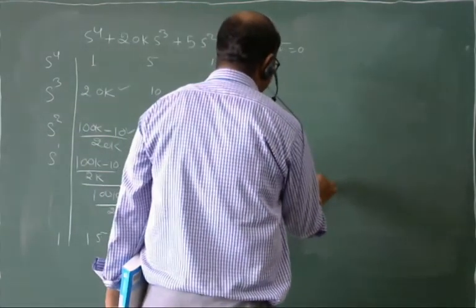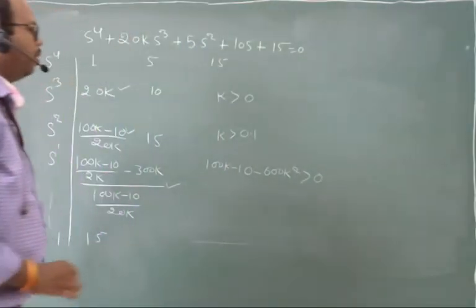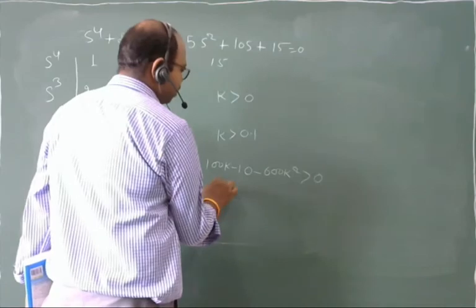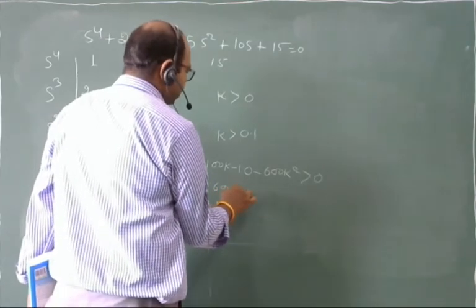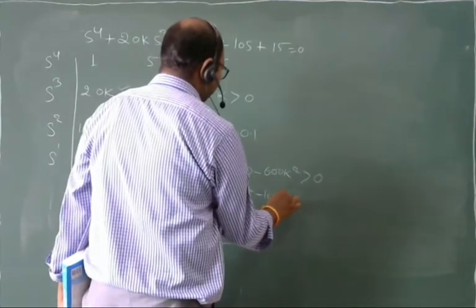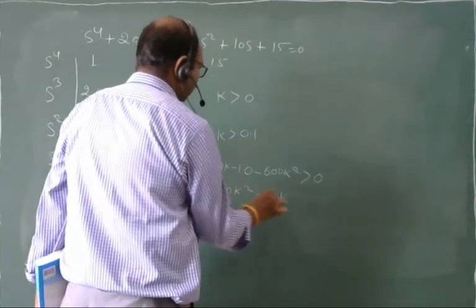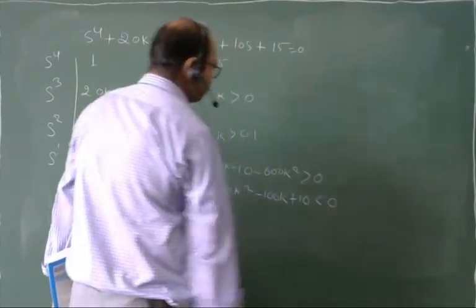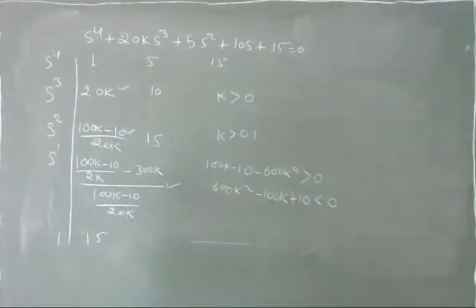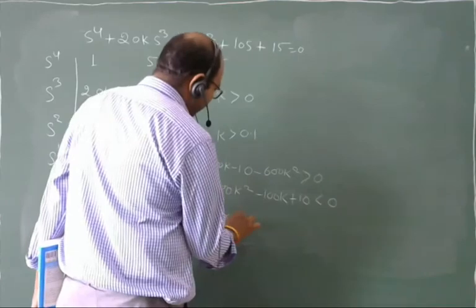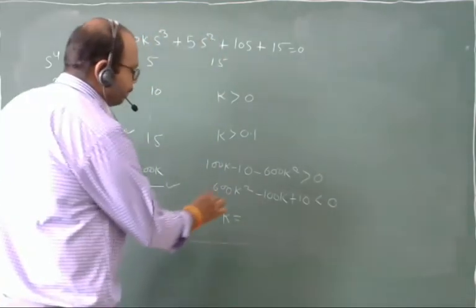This should be greater than 0, or 600k square minus 100k plus 10 should be less than 0, right? And from here we can calculate the value of k.